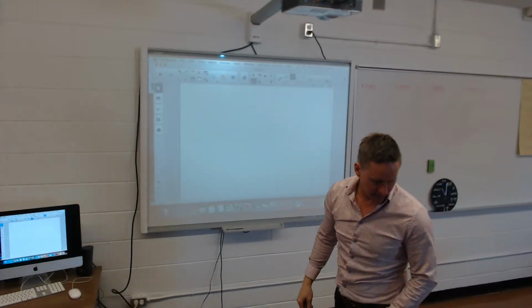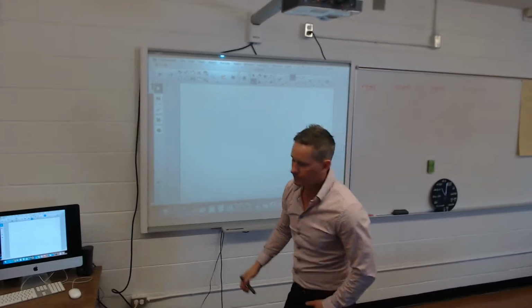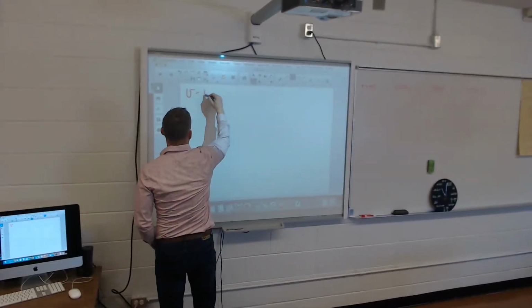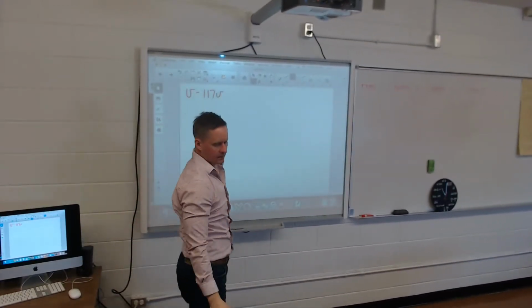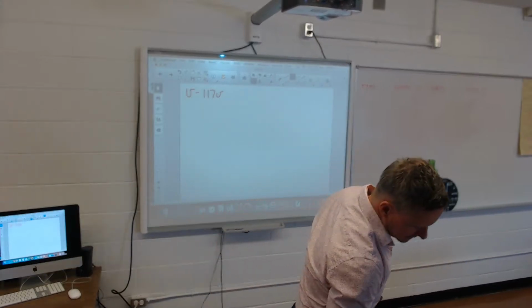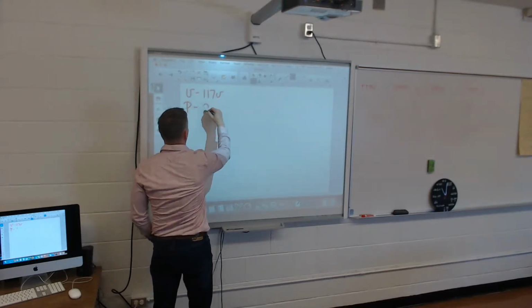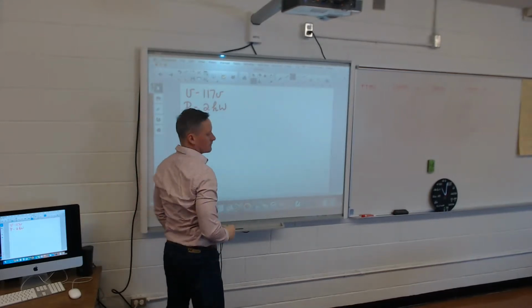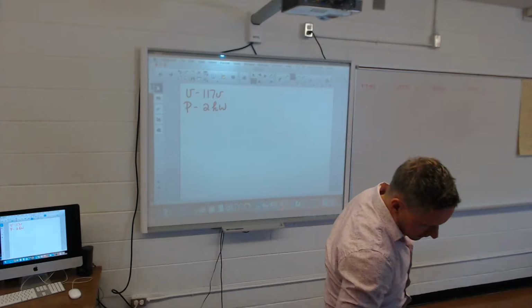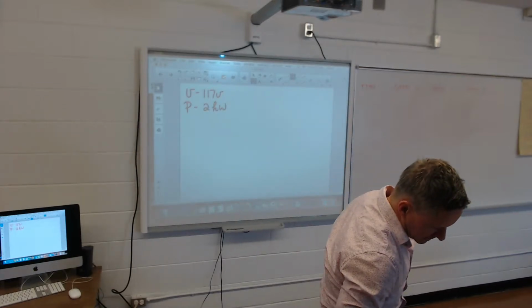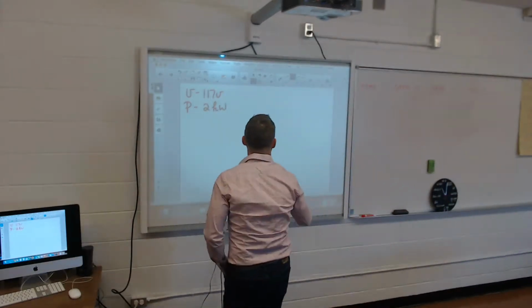So I've got a 117 volt line, and it dissipates 2 kilowatts of power per heat. So power is 2 kilowatts. What is the current in the circuit?